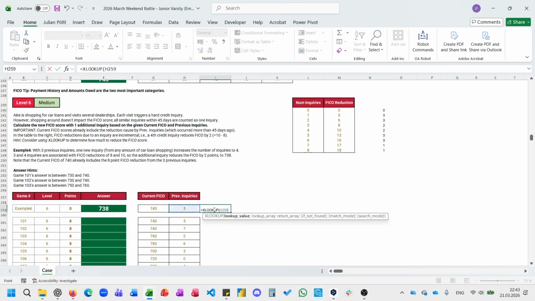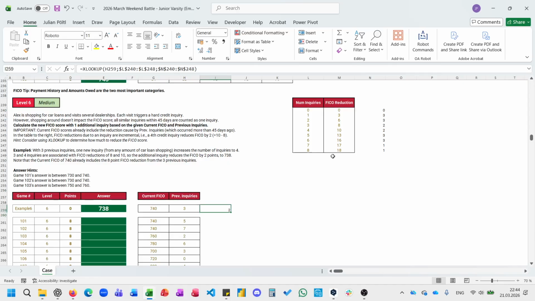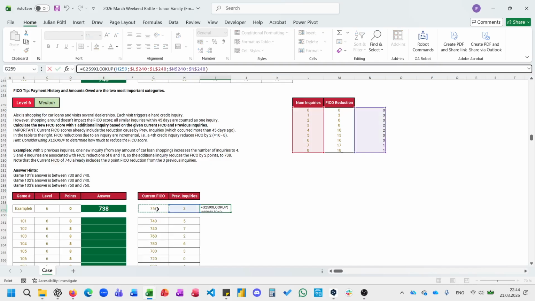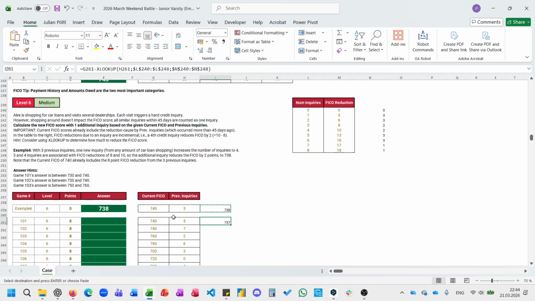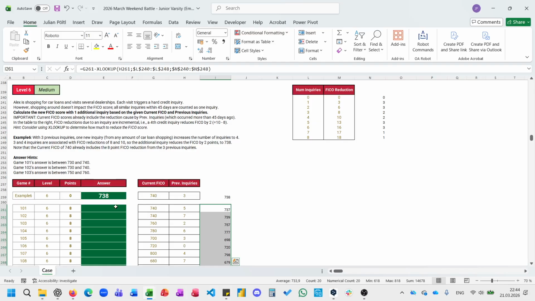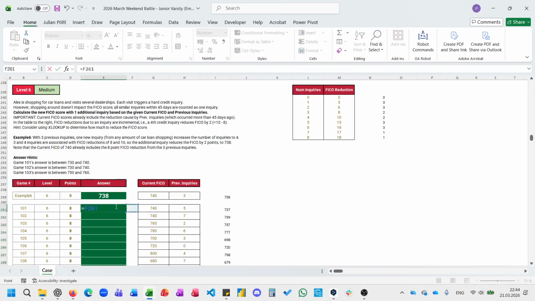Equals XLOOKUP. No. XLOOKUP. And here, returning this here, 2. And then it's basically current FICO minus what is given. Yeah, those hints are not helping here, but yeah, should be fine.